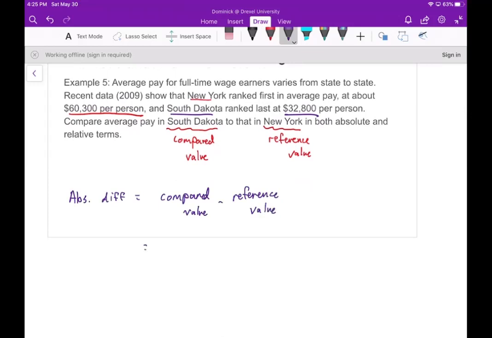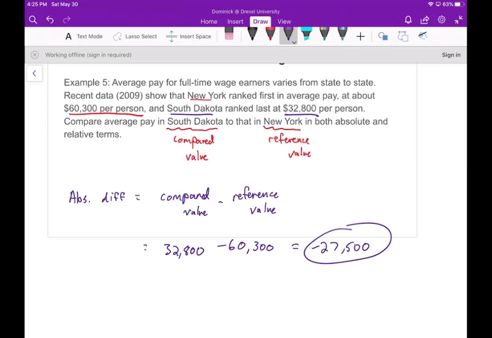So in this case, we would want to do 32,800 minus 60,300. And of course, if we do that, let's see what we get here. I think we should get a negative 28 something. Negative 28.5 maybe. Negative 27.5, sorry. So we get negative 27,500.